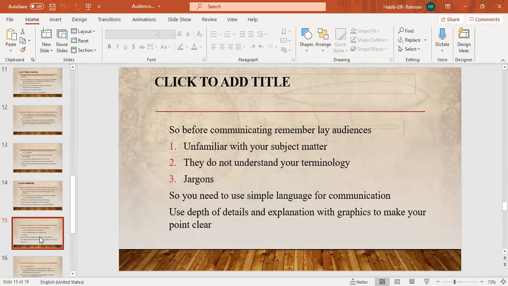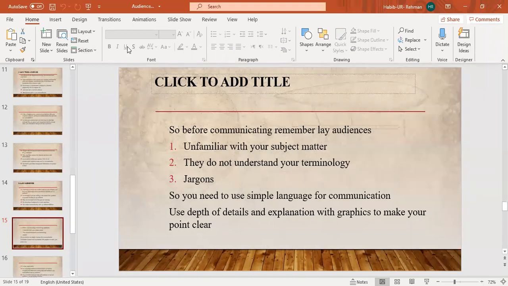But when a doctor is communicating with a doctor, they already know everything about the medical field. So the conversation will be technical, and they will frequently use technical language because they know that they belong to the same field, and there will be no problem of understanding if they use technical language or jargon.